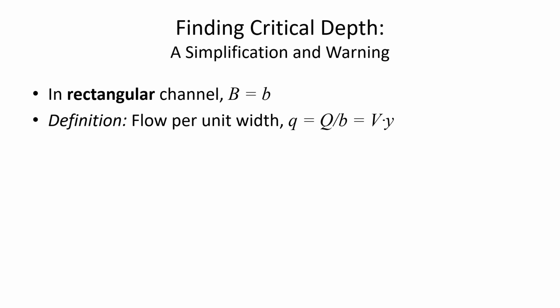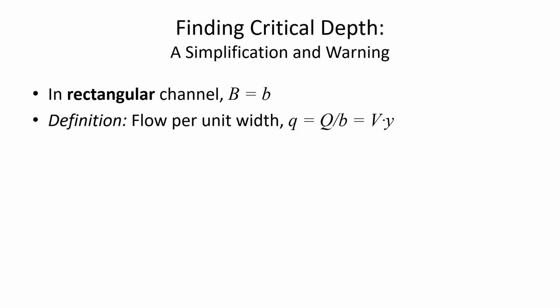The idea of flow per unit width only has meaning if the channel is rectangular. In this example, we had 10 cubic meters per second flowing through a channel that's 4 meters wide. So the flow per unit width, lowercase q, is big Q divided by B. That's 10 cubic meters per second going through a channel that's 4 meters wide.